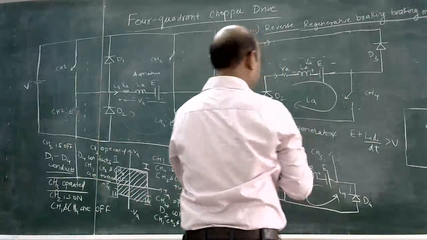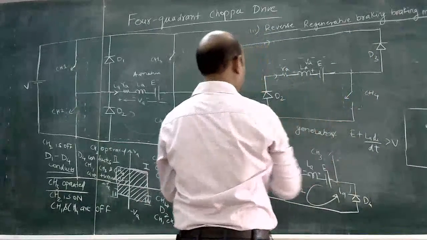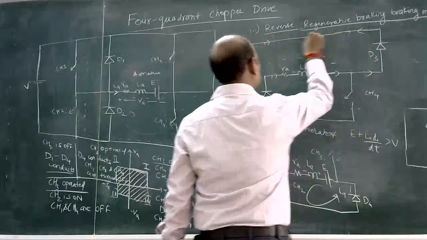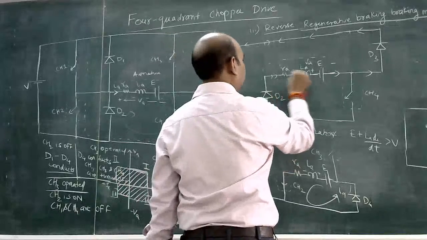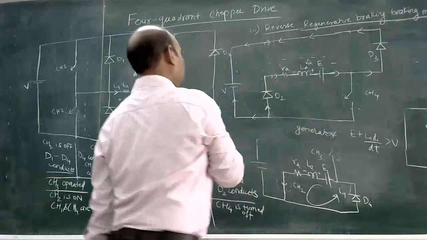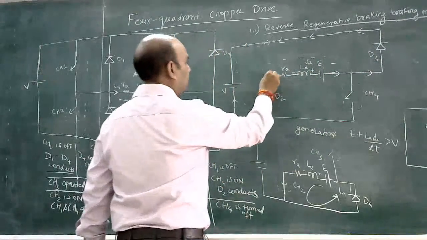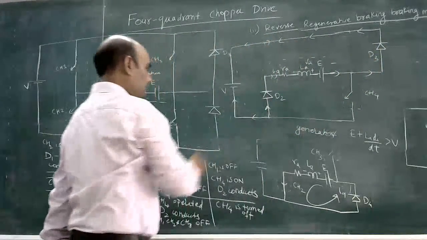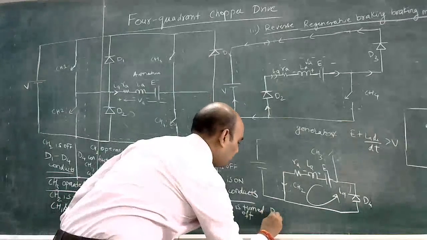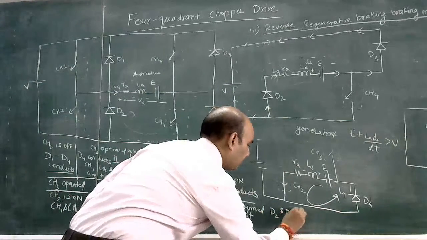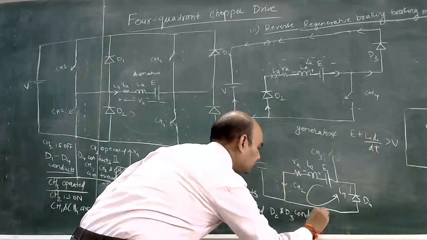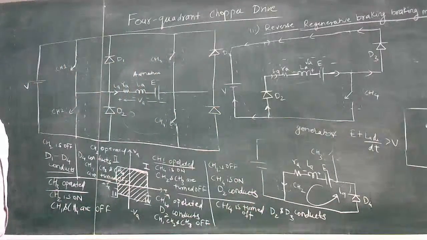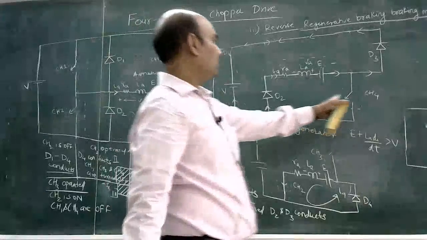So current IA now flows like this, in the same direction as before. IA will go like this, and here D2 and D3 conduct. CH4 is open.